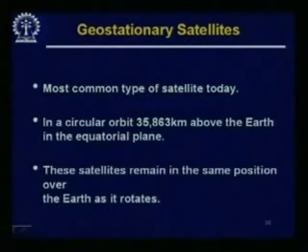So, first we talk about geostationary satellites. This is the most common type of satellite today. It is in a circular orbit, about 22,000 odd miles, or 35,000 odd kilometers, above the earth in the equatorial plane. These satellites remain in the same position over the earth as it rotates.